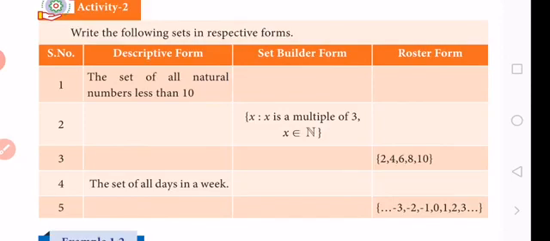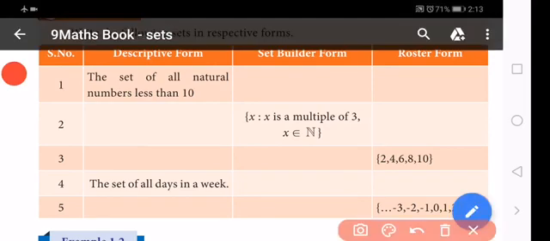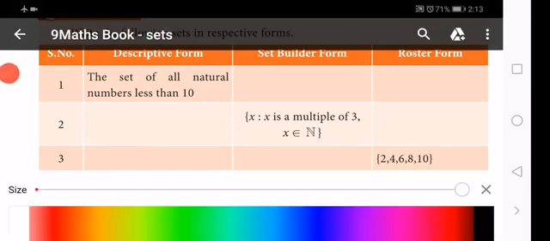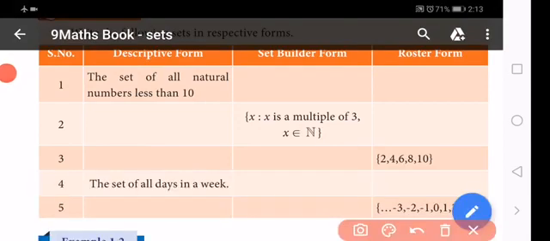We already gave this as homework in our last class. The first one, the set of all natural numbers less than 10. It is in the descriptive form. This sentence can be changed into set builder form and roster form.